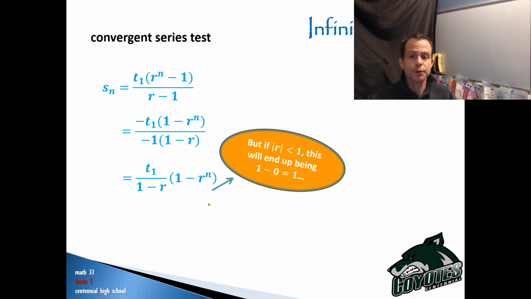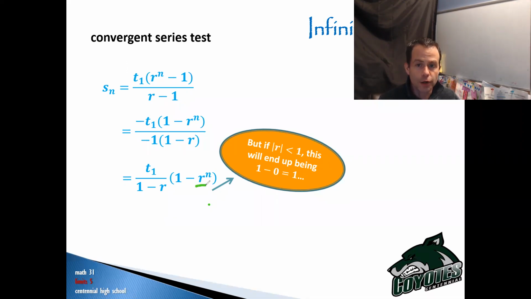So if the absolute value of r is less than 1, say it's 1/2 to the n, that's the property we've been dealing with the last couple of slides, that will approach 0. So this ends up being 1 minus 0, which is just 1.